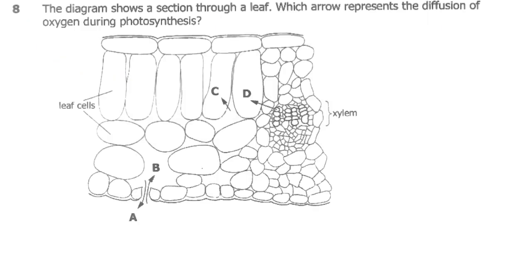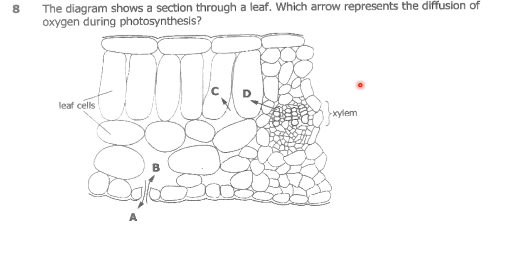Question number 8. The diagram shows a section through a leaf. Which arrow represents a diffusion of oxygen during photosynthesis? So during photosynthesis, oxygen is released out.